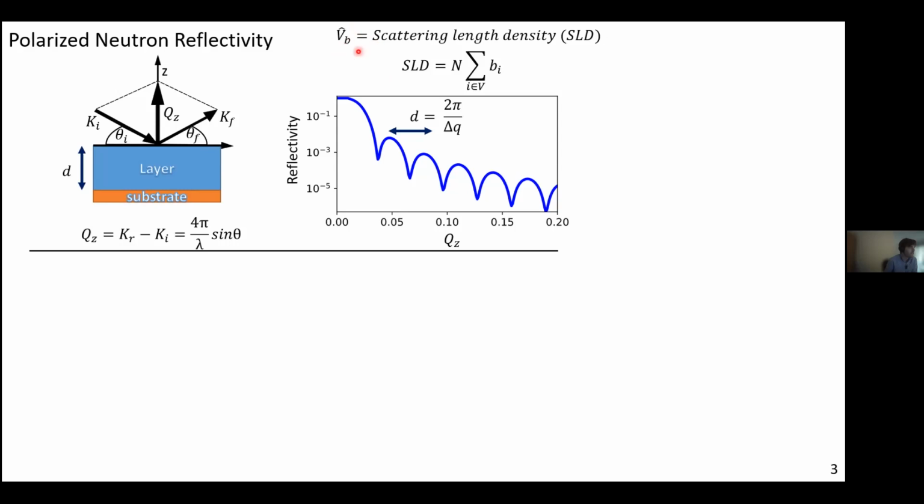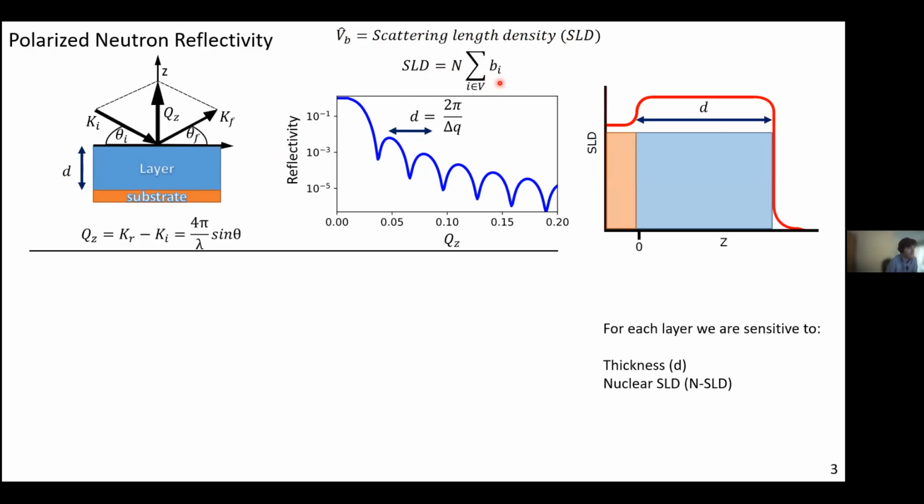And so normally we consider the height of the potential well to be equal to the scattering length density, and this is just the number density of the layer multiplied by the sum of the neutron scattering lengths of its individual elements.